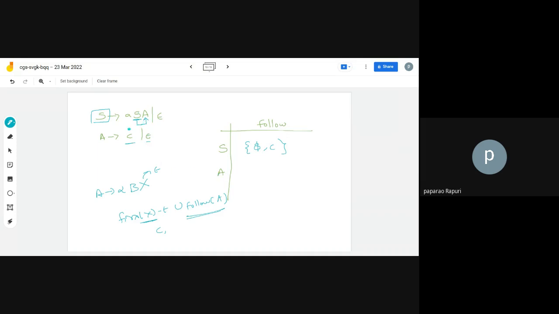Next, we are having A. Here A is the last symbol of the production. If any non-terminal is the last symbol, in the format of A derives alpha B, in this case follow of B is equal to follow of A. Here B means A and A means S. Follow of S, we are having the symbols c comma dollar or dollar comma c, sir.